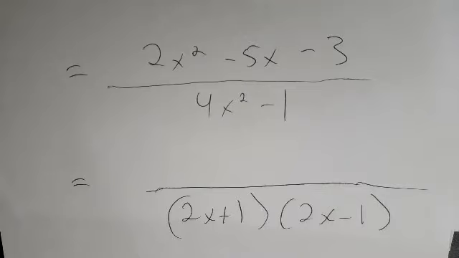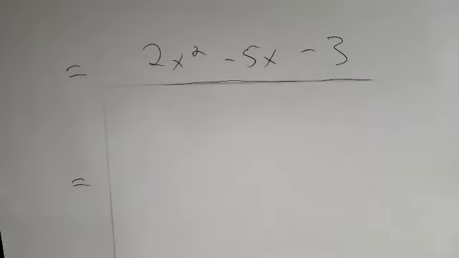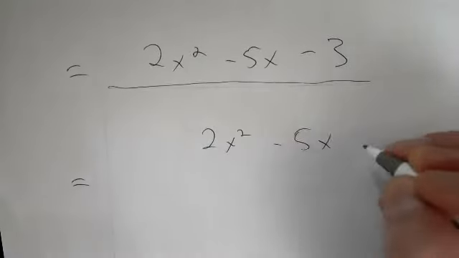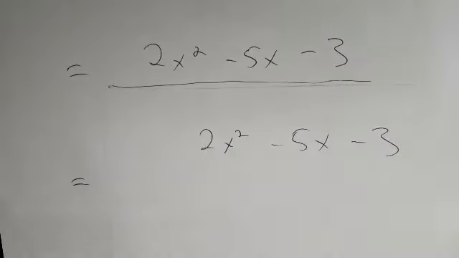So now we're looking at 2x squared minus 5x minus 3. This one might be a bit harder to guess and check, because there is a 2x plus 1, there's a 2x minus 1. But if we multiply these together, I believe we get a minus 6.